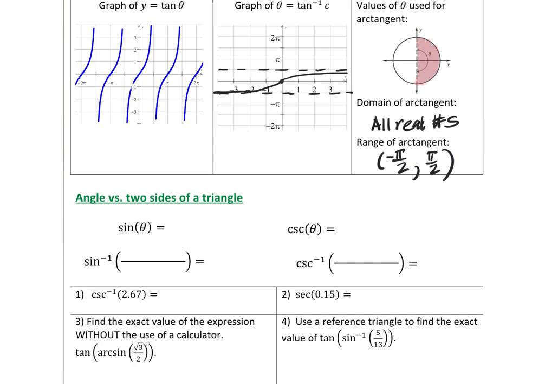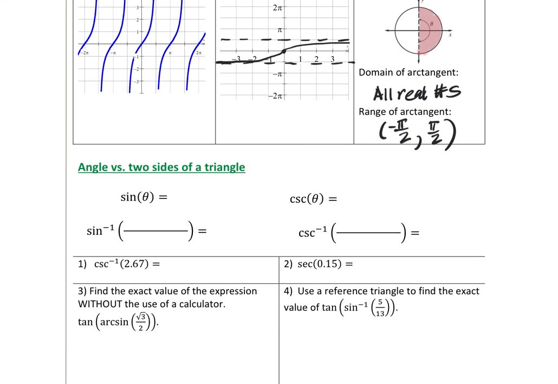All right, so when we look at an angle versus two sides of a triangle, remember sine of an angle, and theta represents an angle measure, is opposite over hypotenuse.